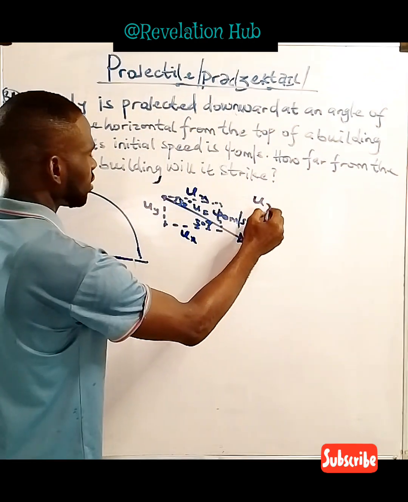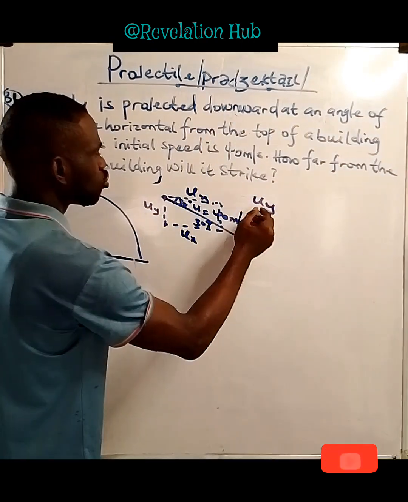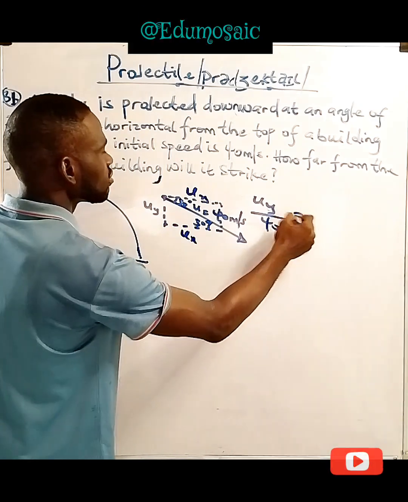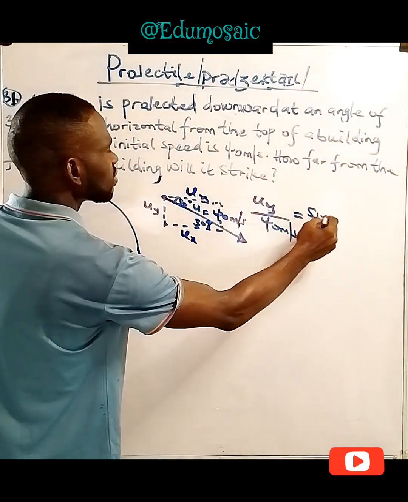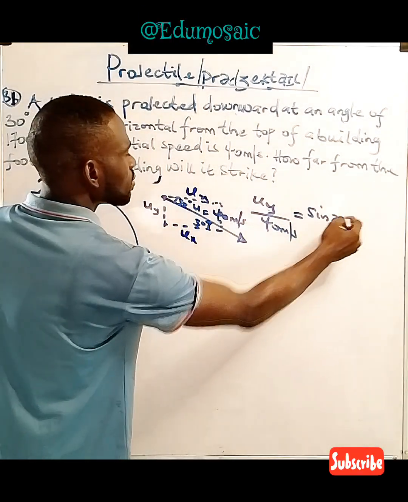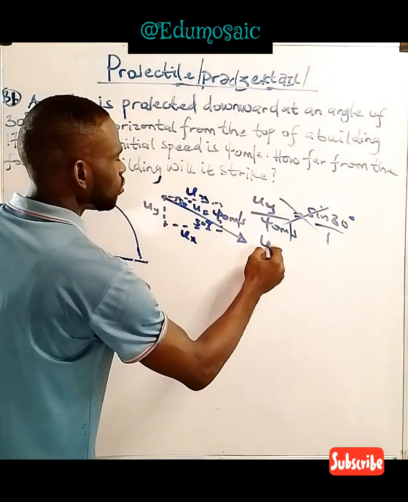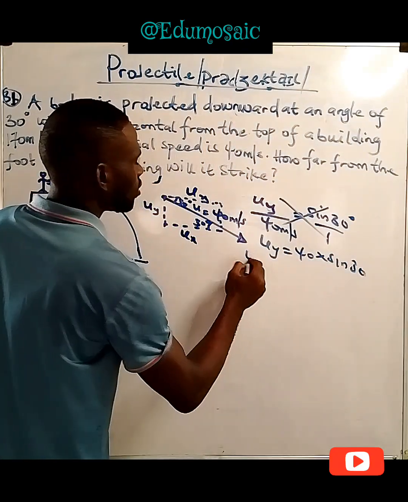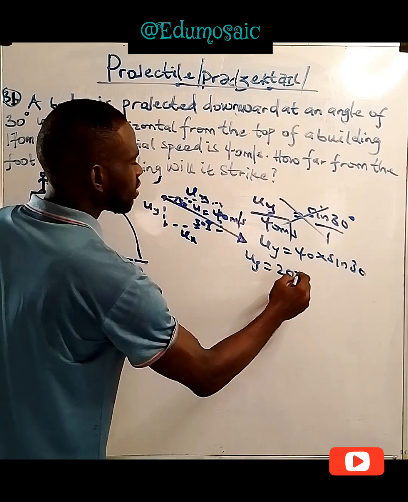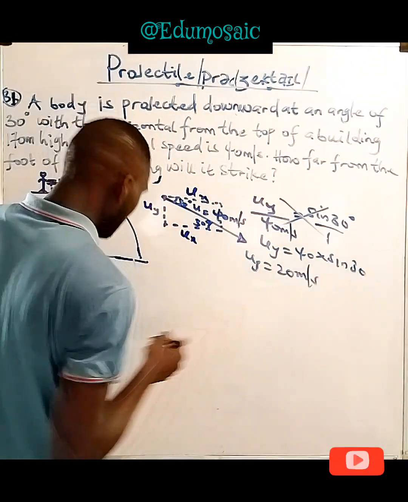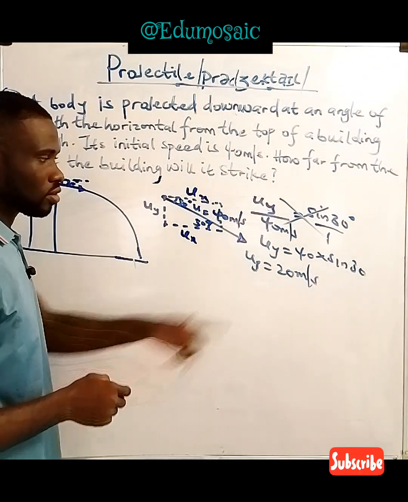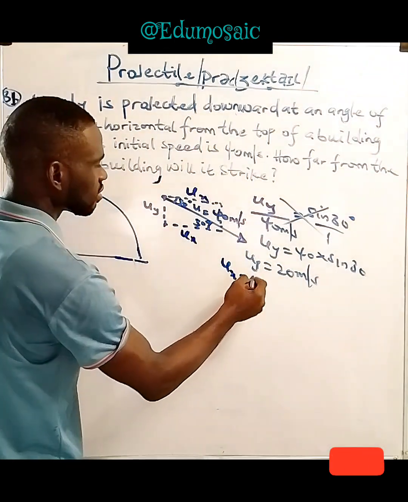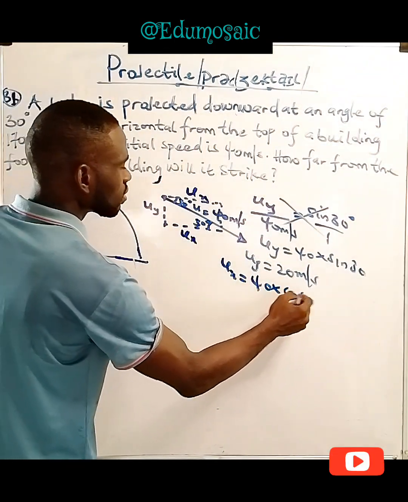Initial speed along the y-axis over 40 meters per second, which is the main speed itself, is sine 30 degrees. So uy is 40 times sine 30 degrees. So the initial speed along the y-axis is 20 meters per second. Sine 30 is 0.5 or 1 over 2, so 1 over 2 times 40 is 20 meters per second. The initial speed along the x-axis is 40 times cos 30 degrees.